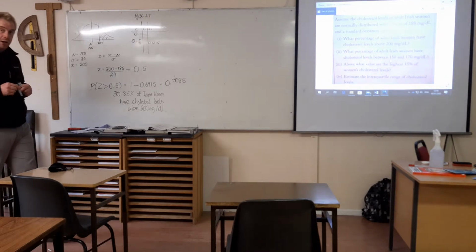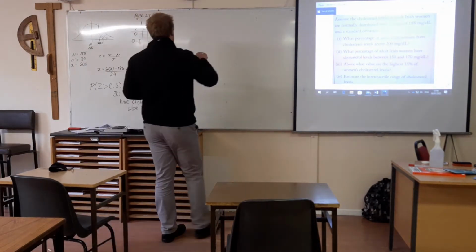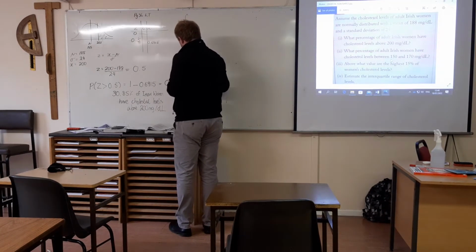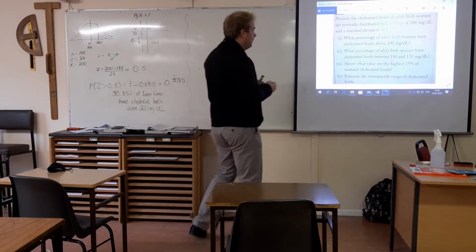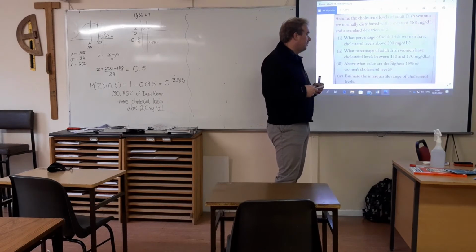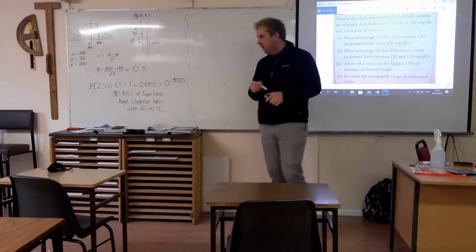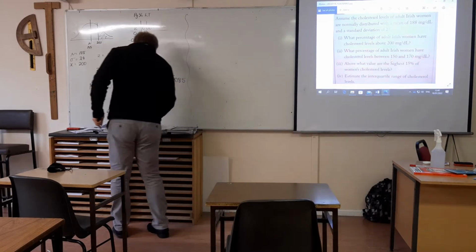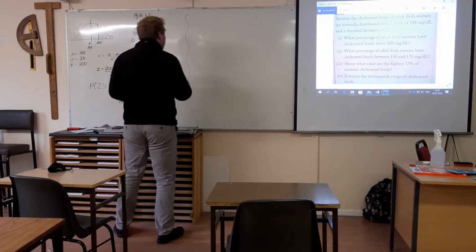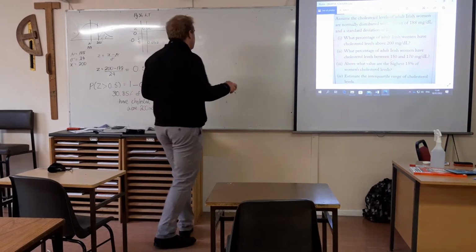Okay, now I'm going to look at part 2. Part 2 says, what percentage of Irish women have cholesterol levels between 150 and 170 milligrams per decilitre? So in this particular situation, we're finding 2 z-scores.